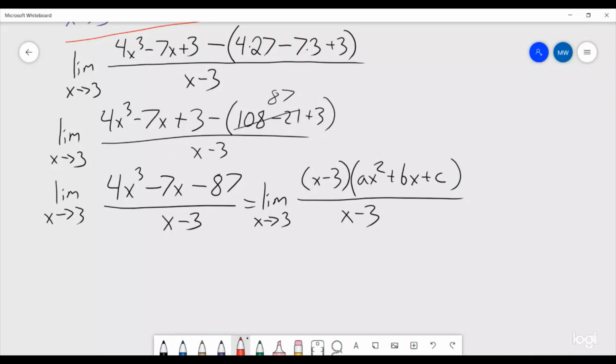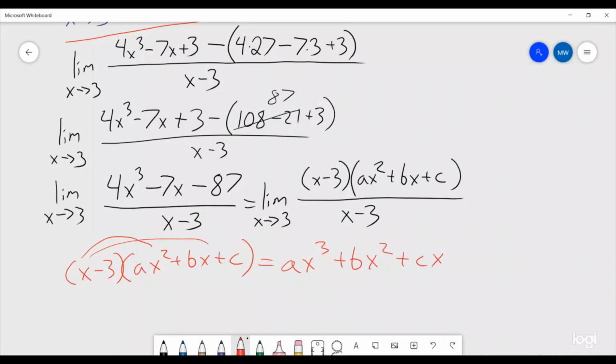So if we were to expand out x minus 3 times ax squared plus bx plus c, what we would get is ax squared times x gives us an ax cubed, then we have plus bx squared, and then plus cx, and then we have minus 3ax squared minus 3bx, and then minus 3c. So ax cubed has to be the 4x cubed. So that means we know that a has to be 4. In order for this to even be possible, that has to be a 4.